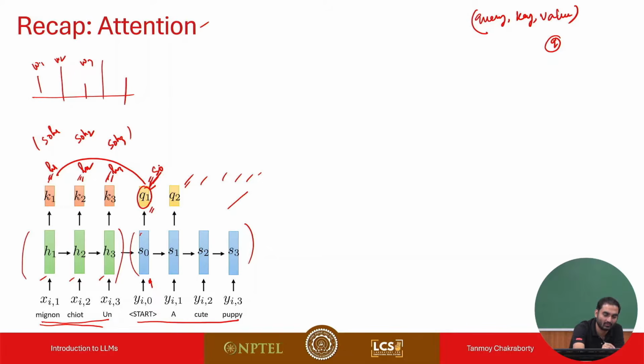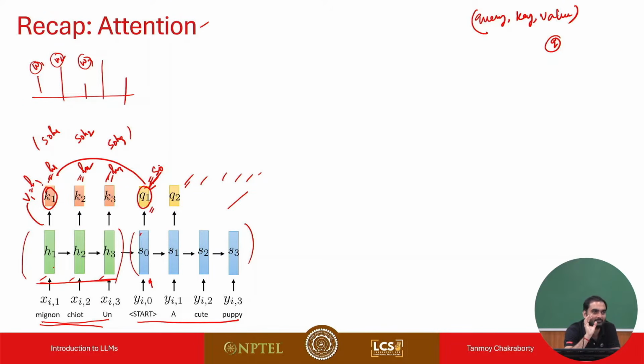Once you got the similarity scores, these will act as weights. Then you retrieve the corresponding value. What is the value here? Along with K1, along with this key, you also have access to a value V1, which is also generated from the hidden state. In the attention setup, this value is also H1.